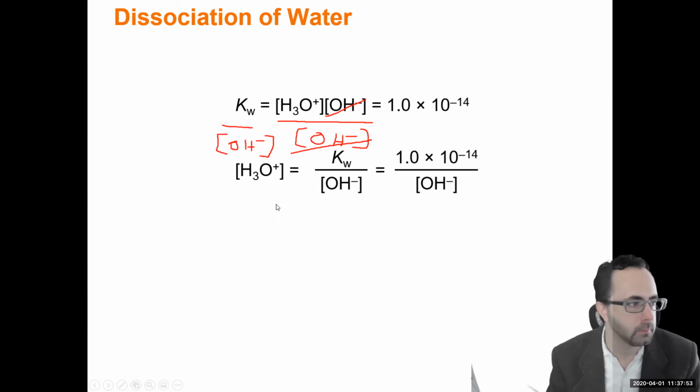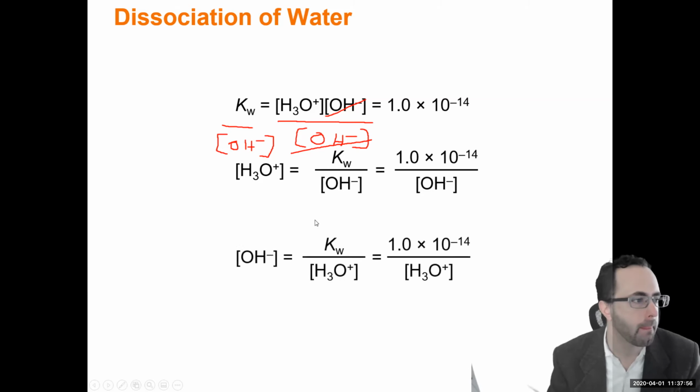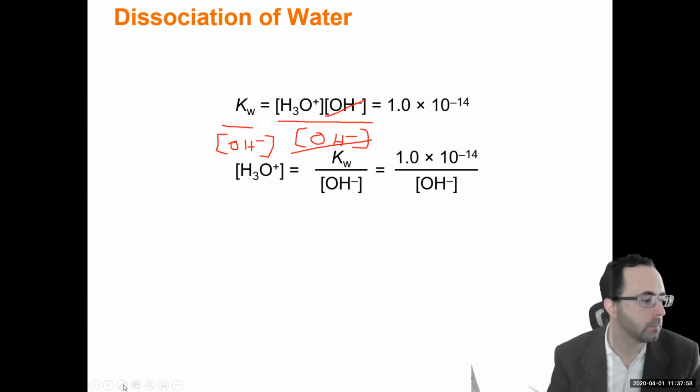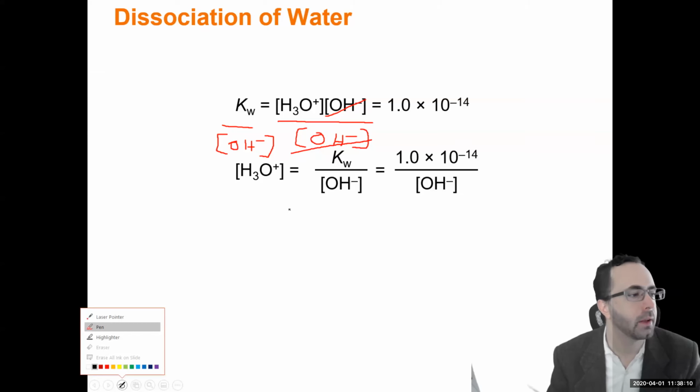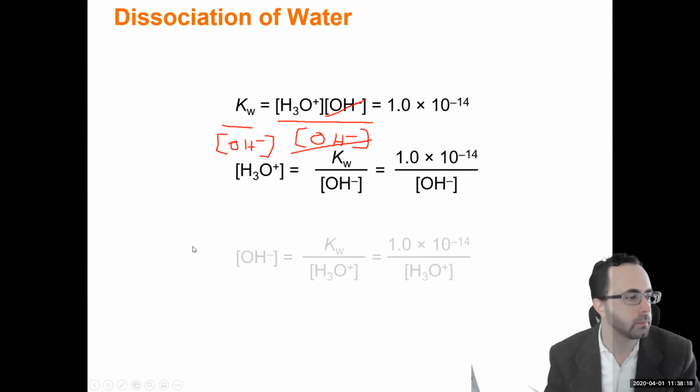Now, similarly, if we wanted hydroxide concentration, we would divide both sides by hydronium concentration.